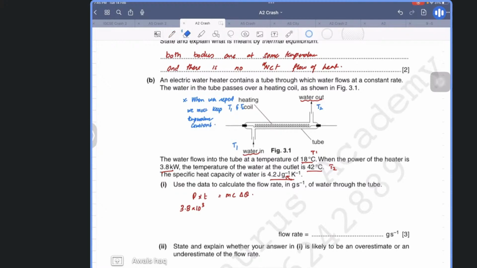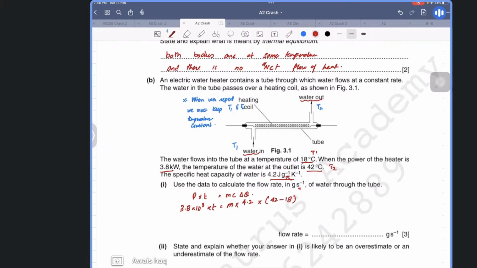Time could be just 1 second. All right, let's put it 1 second. So we can find the rate. We need flow rate in mass over time. Sorry, we can't put it T, so let's write M here. C is given as 4.2, and the temperature change is obviously 42 minus 18.